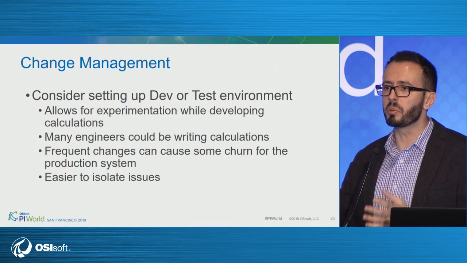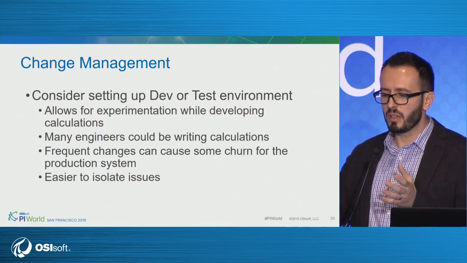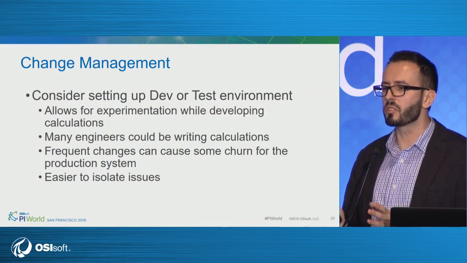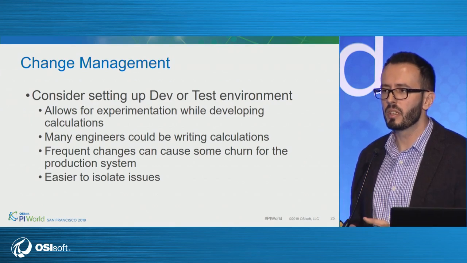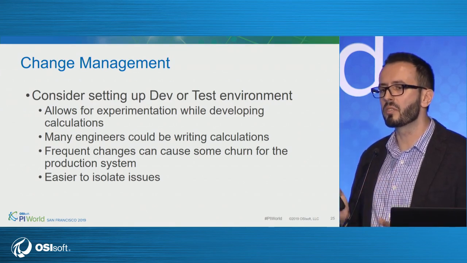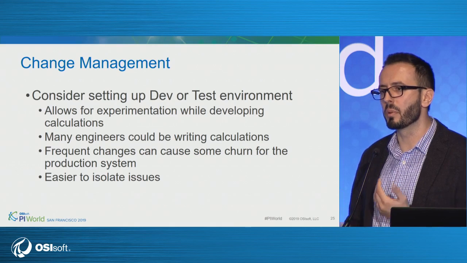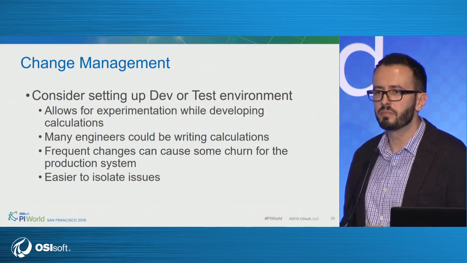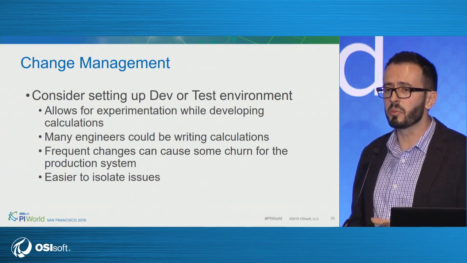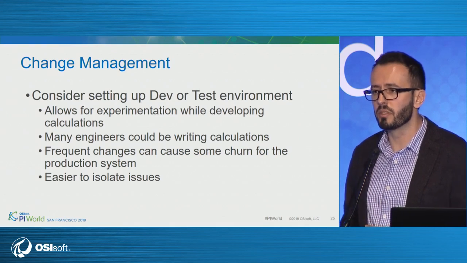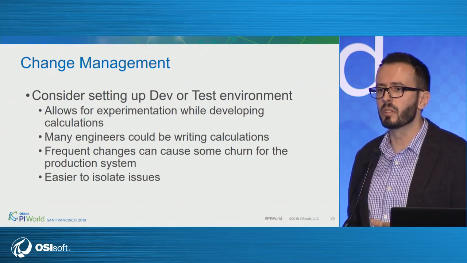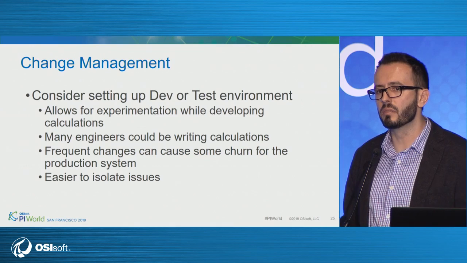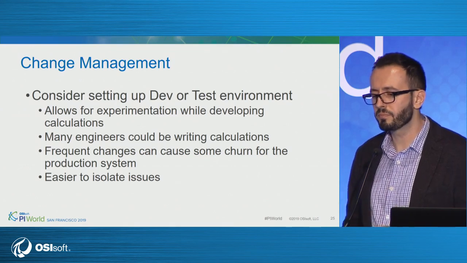So through a controlled process, you can easily make sure your calculations are ready to be moved into production. Because if a lot of people are making changes at the same time in production, then the possibility of having issues is much higher. This also helps with upgrades. If you get a new version, you can upgrade it on your development or test environment first, and then see how it does with production.